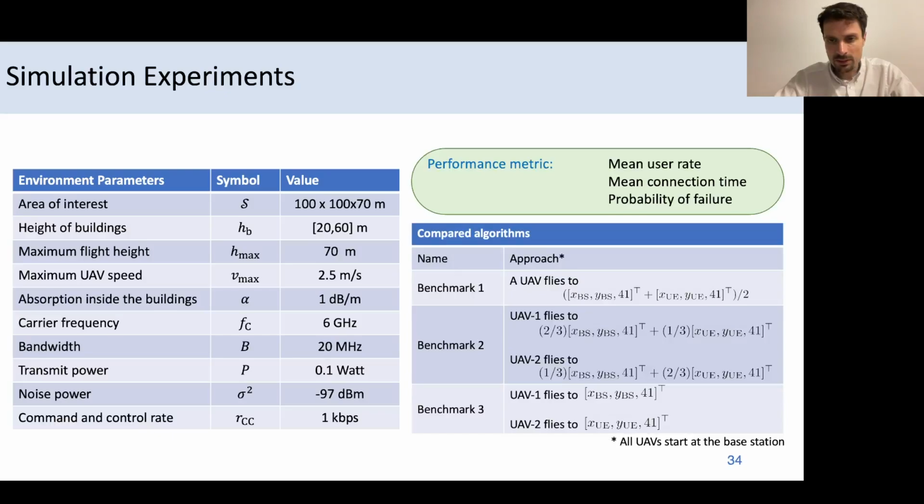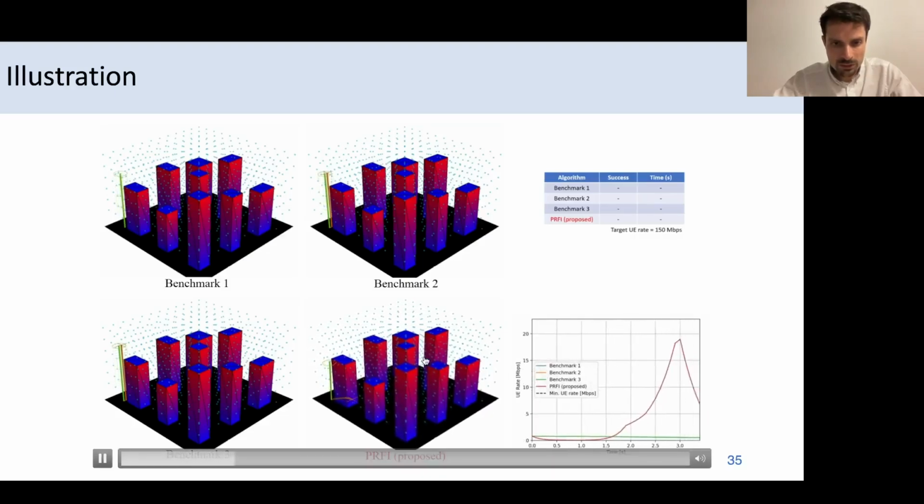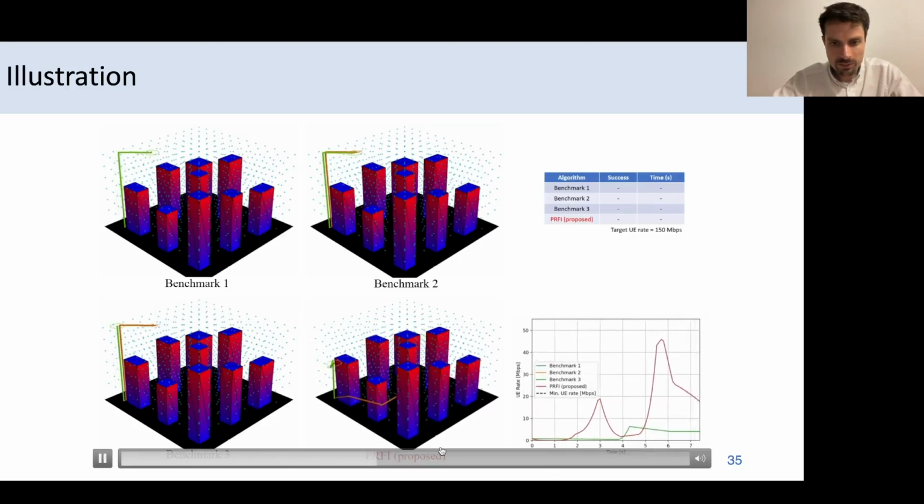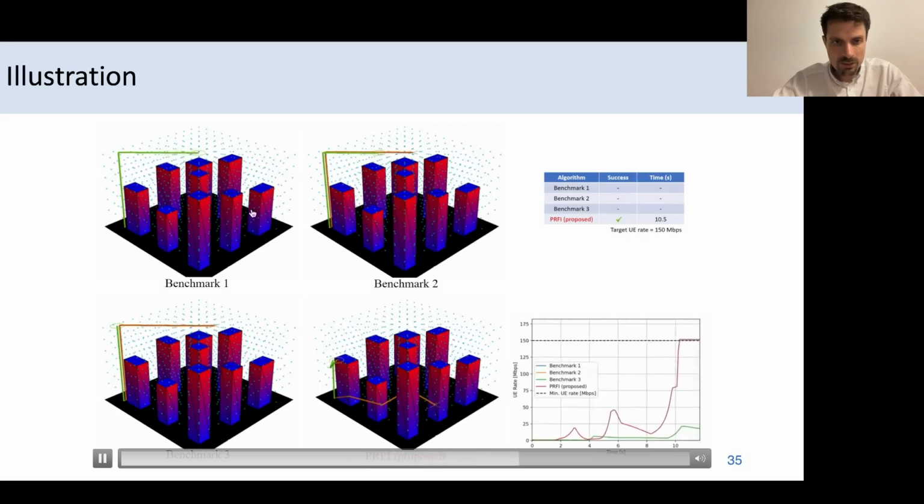Here we compare the proposed algorithm with 3 benchmarks, also in an urban scenario. Here we have on the bottom the proposed algorithm, and the others are the benchmarks. We see that the proposed algorithm quickly sends the UAVs to positions that can serve the user as fast as possible.